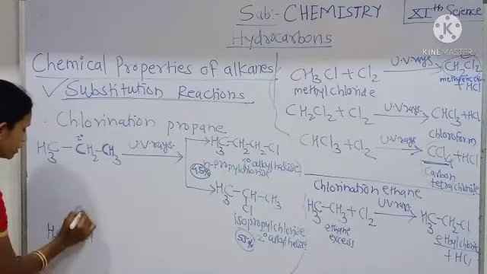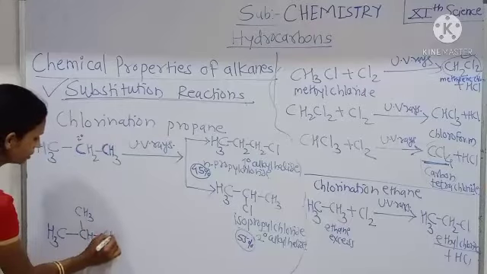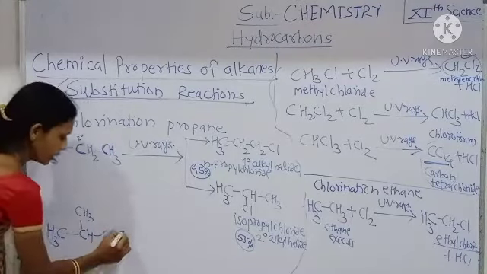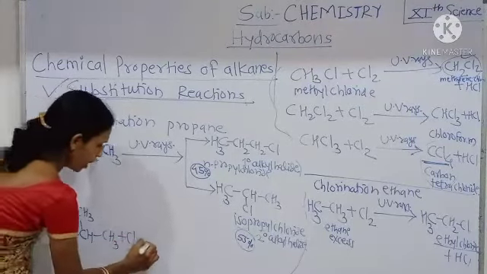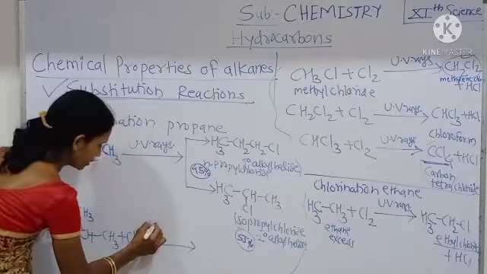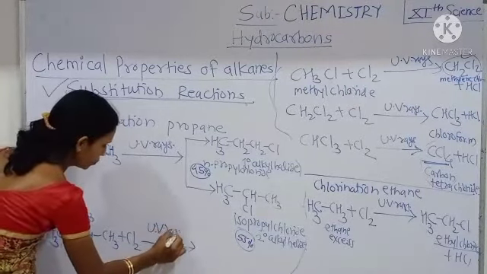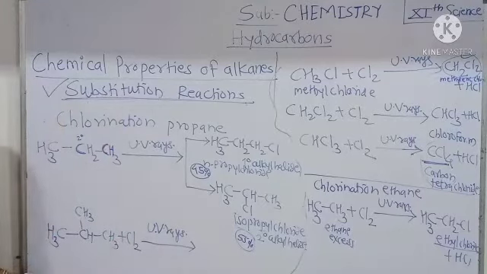Then CH3, CH, CH3, CH3. Here chlorination of isobutane takes place in the presence of UV rays.